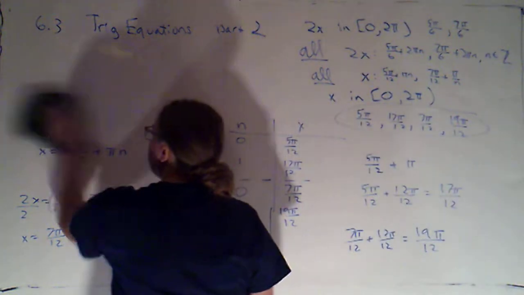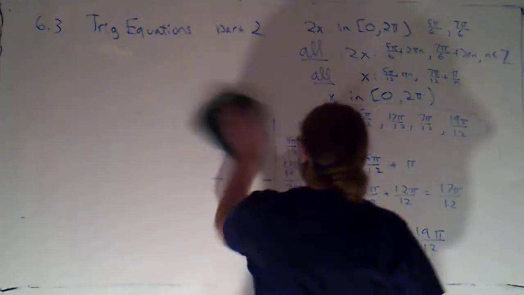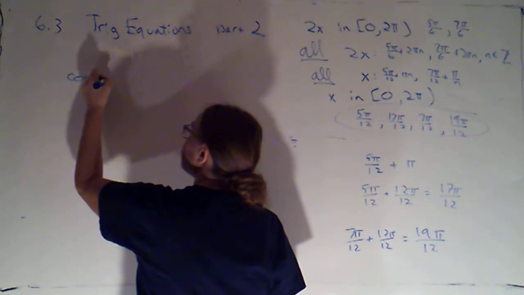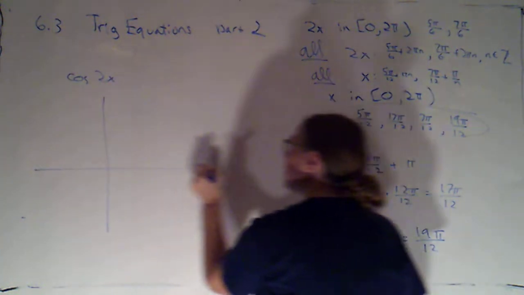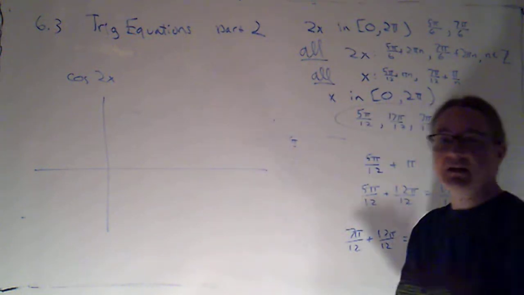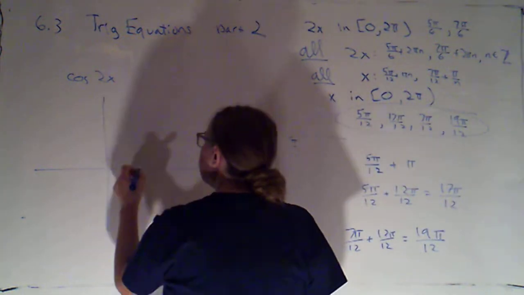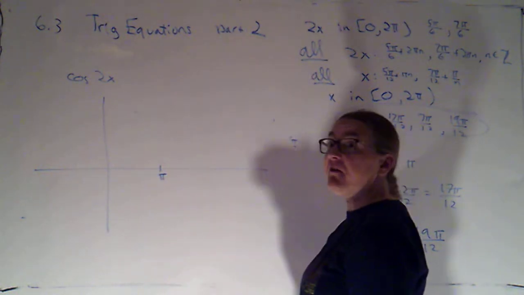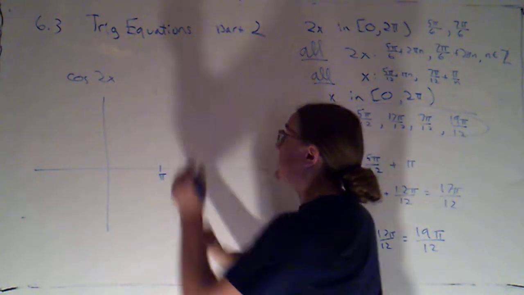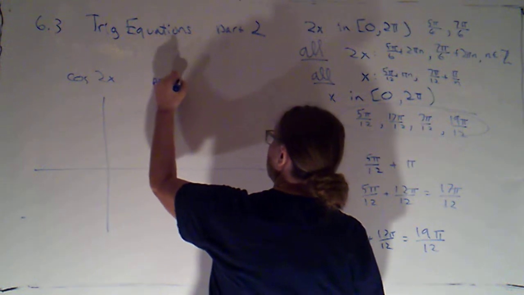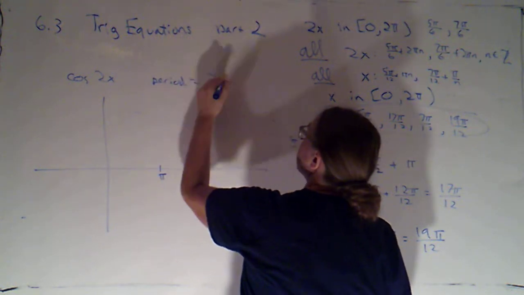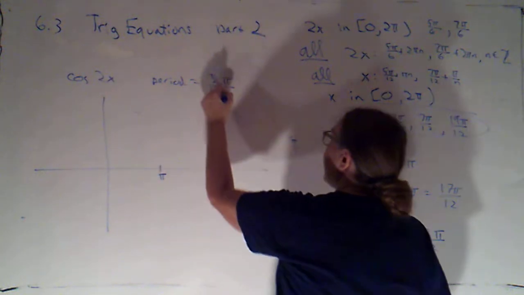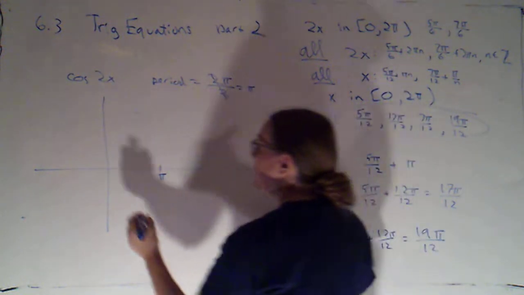Now, graphically, what's going on here is we were working with cosine of 2x. If I were to graph cosine of 2x, it basically has a period of pi, because the period, remember, is 2 pi divided by the number that we're multiplying by x, so that would be pi.